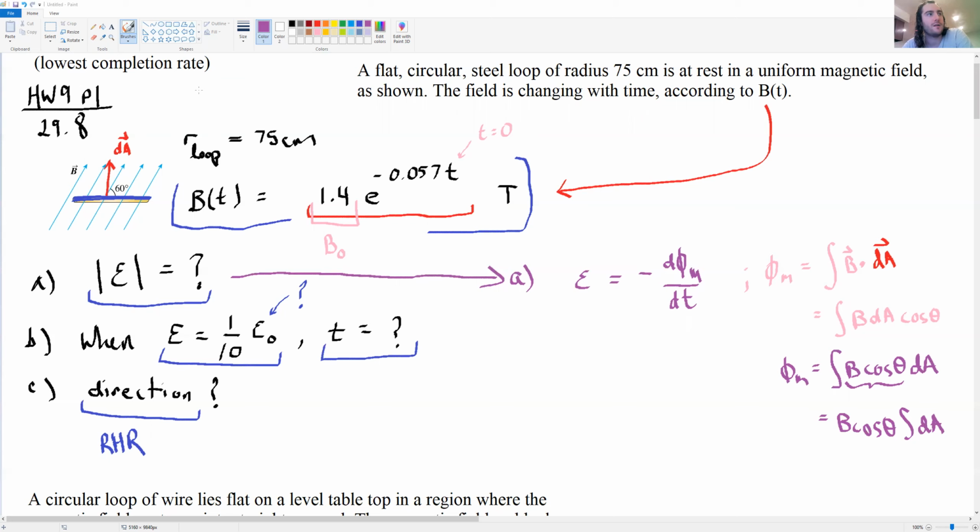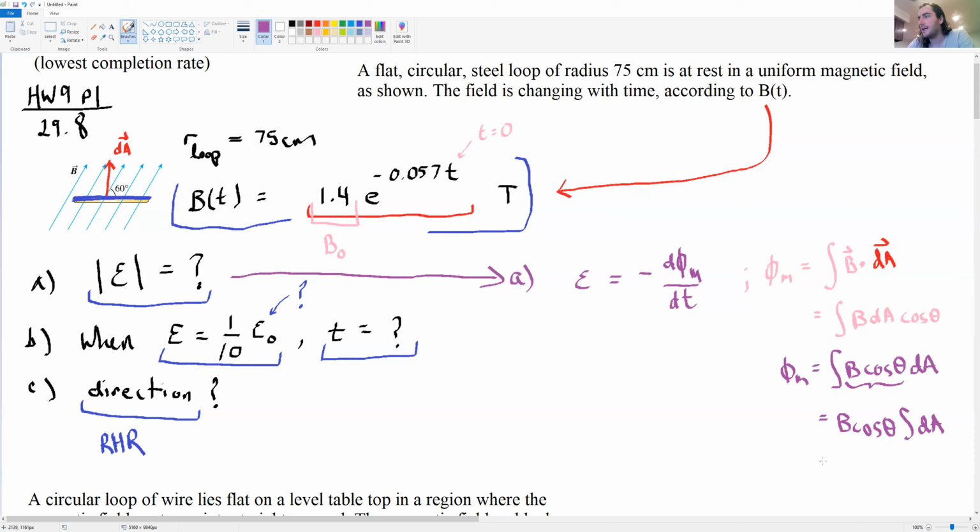If I don't have anything multiplying dA, if I have the integral of dx, that's just x. If I have the integral of dq, that's just q. If it's not changing on the surface, then it's just going to integrate to A. We have a nice level surface defined by that current loop, that steel loop. And so our answer here is just A.